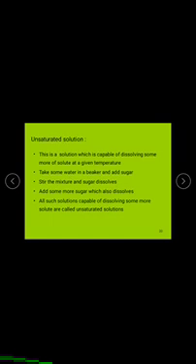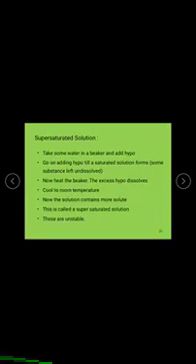And next one is supersaturated solution. Take some water in a beaker and add hypo. Go on adding hypo till the saturated solution forms and some substance is left undissolved. Now heat the beaker. The excess hypo dissolves. Cool to room temperature. Now the solution contains more salt.